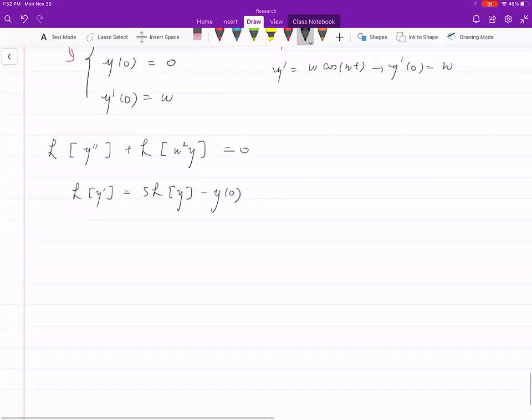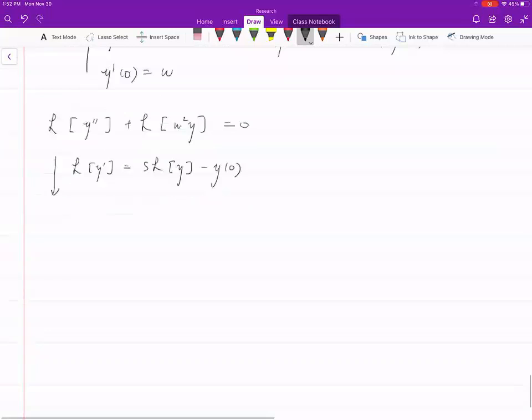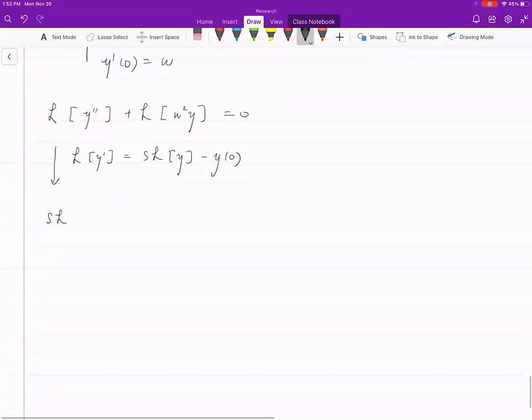According to this formula, it equals s times L of y prime minus y prime 0, if you treat your y prime as your original y.